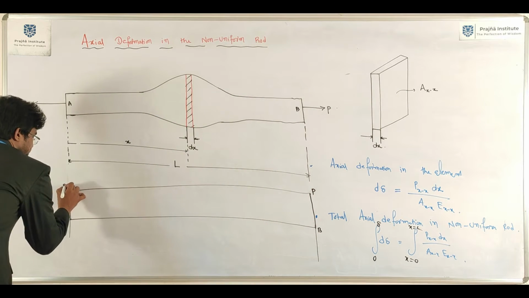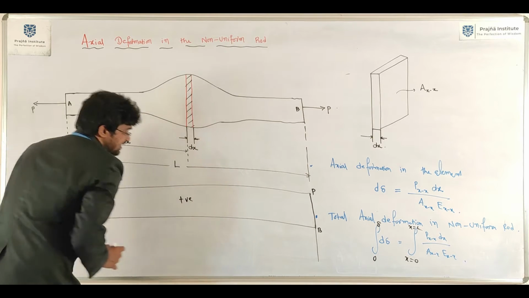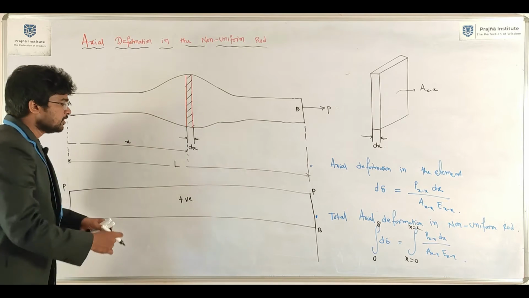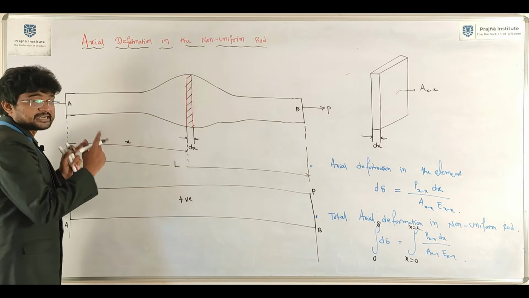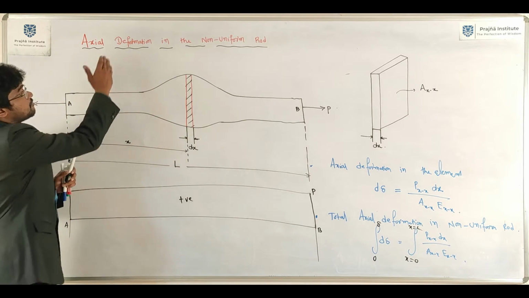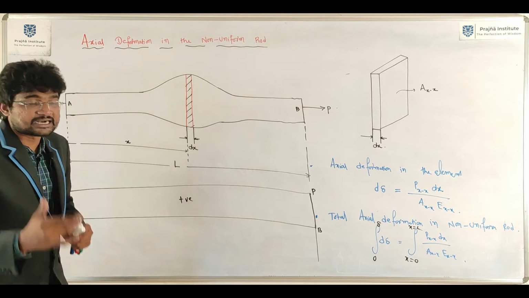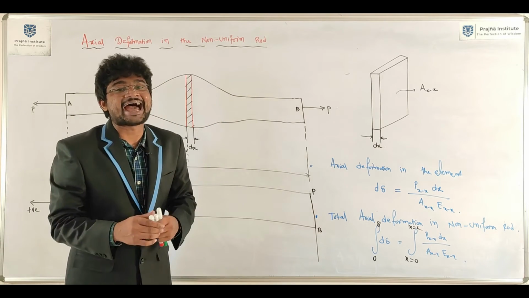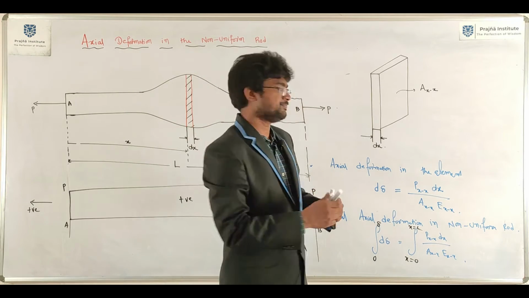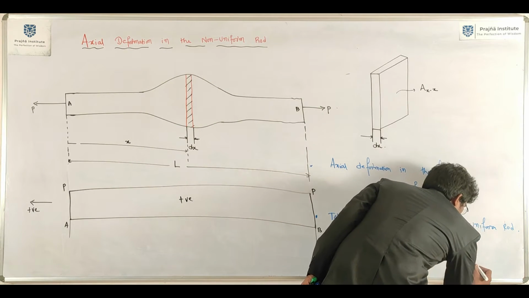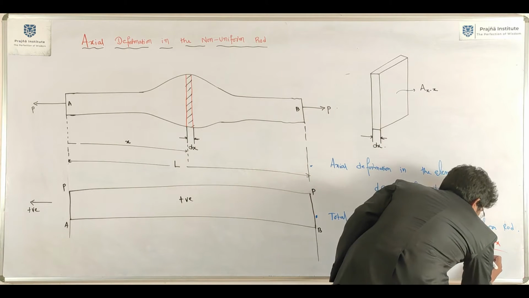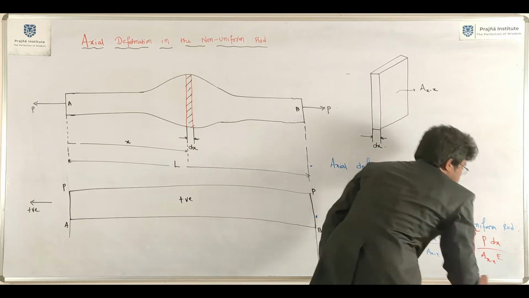Here it is P. At every cross section, the non-uniform bar is subjected to constant axial loading P. So now Pxx equals P. Here, the integral from 0 to L of Pxx, equal to P, divided by the area of cross section, which is continuously changing, but E is not changing.